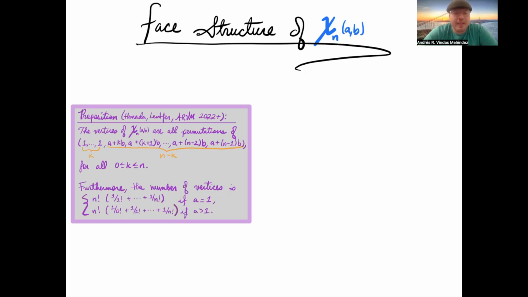They turn out to be all permutations of this form, where we have k many ones in the first entries, and then the remaining n minus k entries have this particular form. In particular, this allows us to write down formulas for the number of vertices. Again, we saw that things change when a is equal to 1 and when a is greater than 1, and so we have two slightly different formulas.